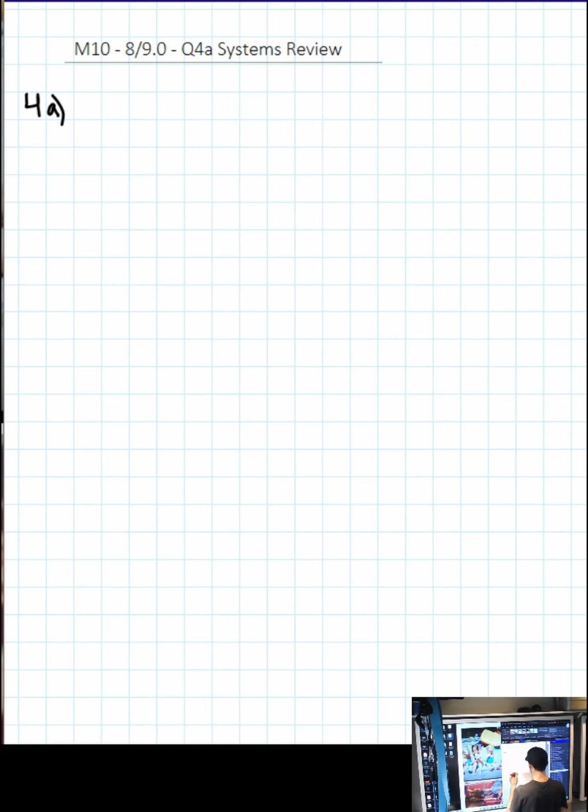So, solve by substitution and graphing and check your solutions. So we have y equals x plus 1, and we have y equals negative 2x plus 4. Notice it's in brackets. Does that matter? No. Okay, so solve by substitution. So if I know y equals this and y equals that, I know that this and that are equal to each other.